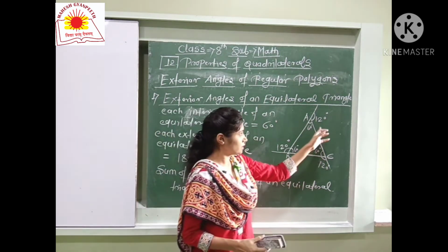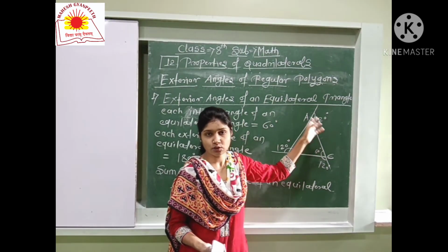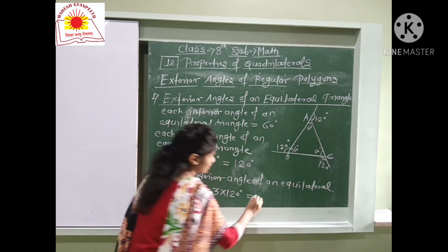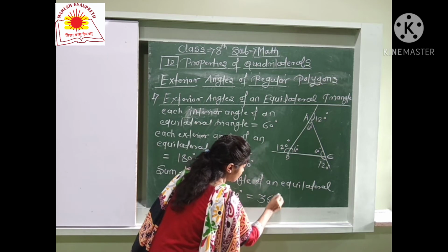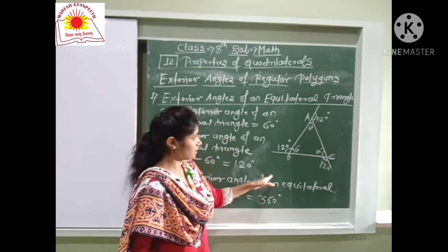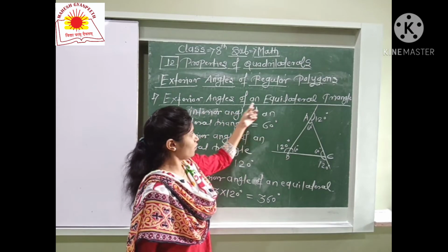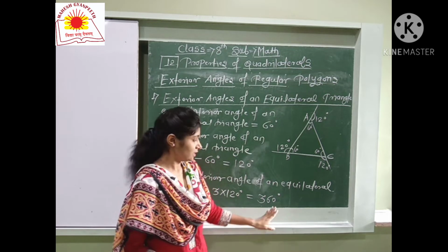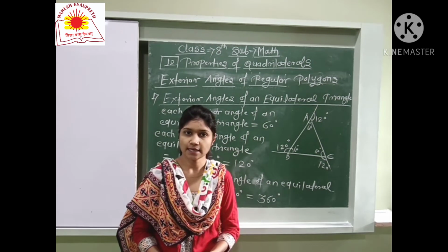You know that each exterior angle is 120. So what is the sum? 3 multiplied by 120 degrees is 360 degrees. Okay. So what is the sum of the exterior angles of an equilateral triangle? It is 360 degrees. Understand?